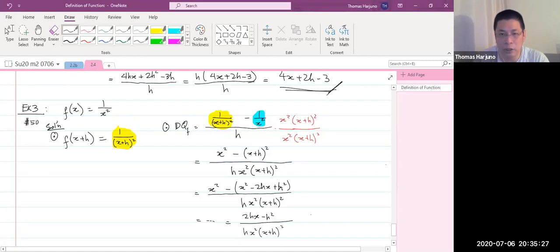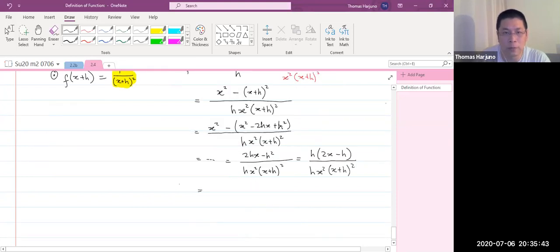Factor the h, which will cancel with the h in the denominator. So the difference quotient of this function is (2x minus h) over x squared times (x plus h) squared.